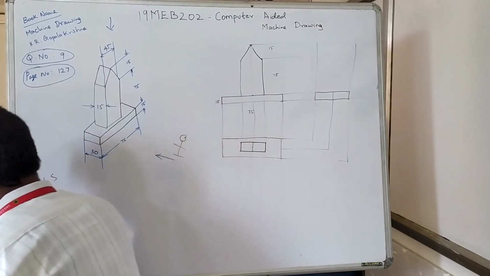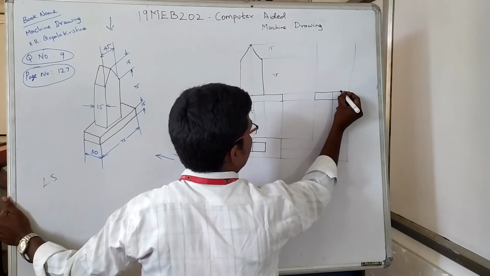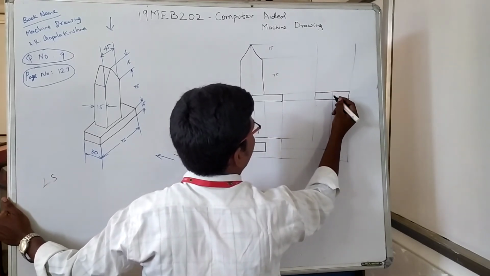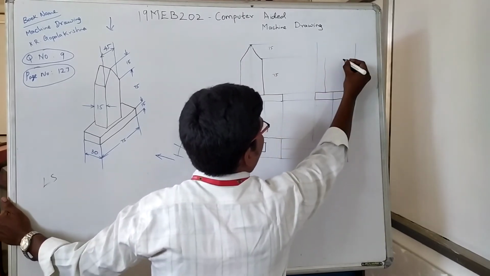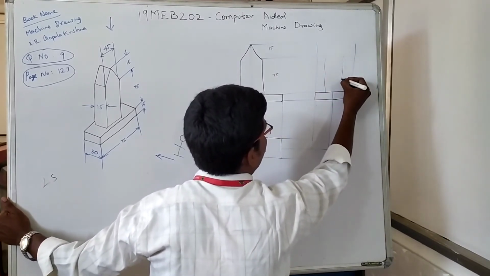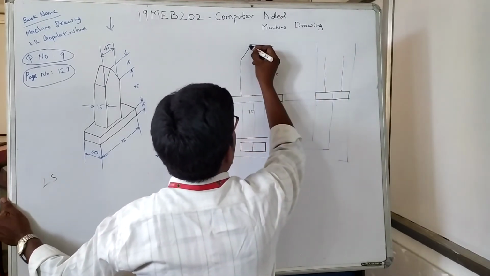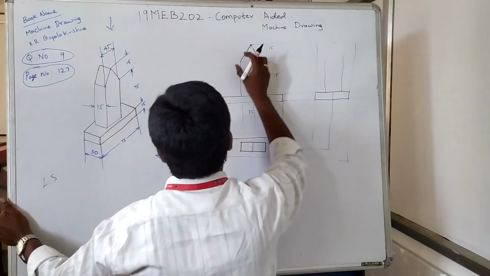So I have taken the center point from here to here 7.5 millimeter and here 7.5 millimeter. Hence I can get the 15 mm thickness box, and again up to this point I can see the side view.